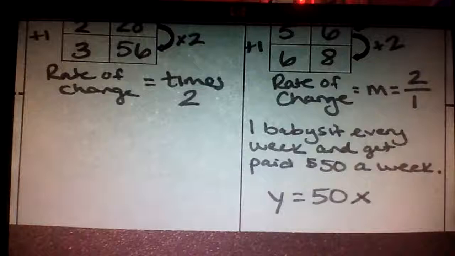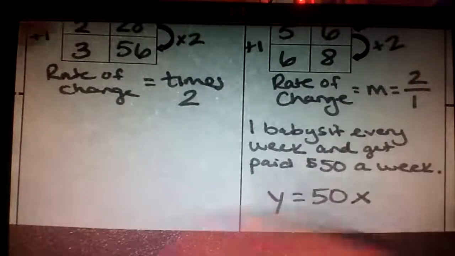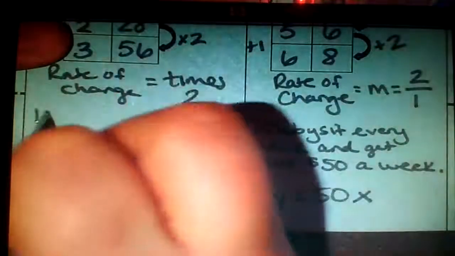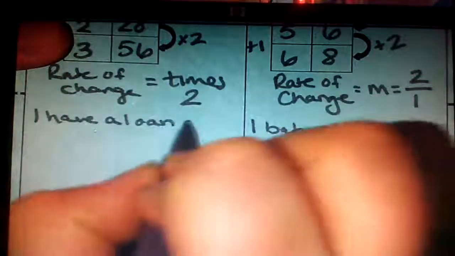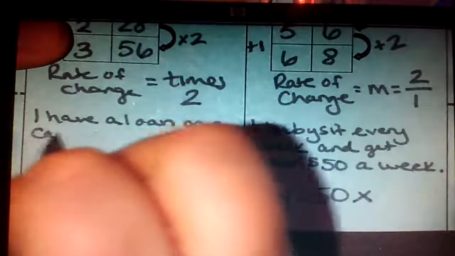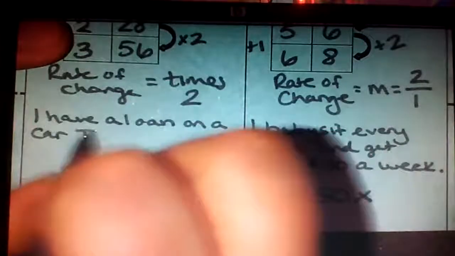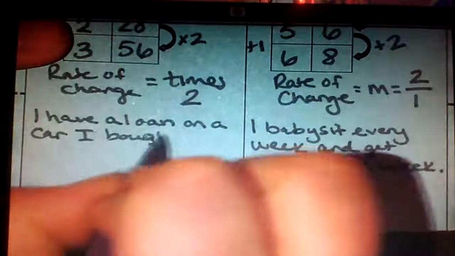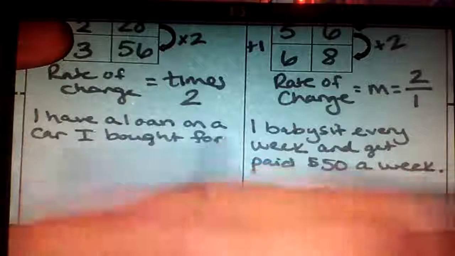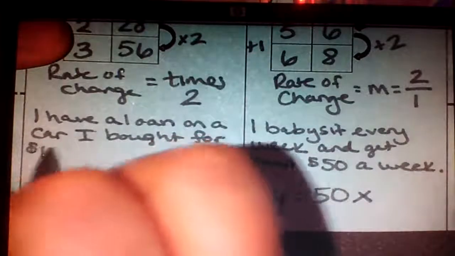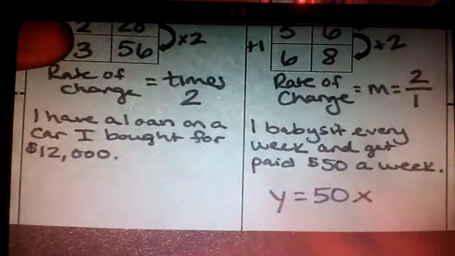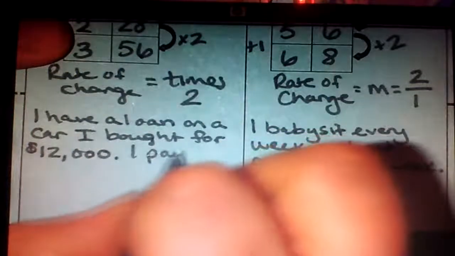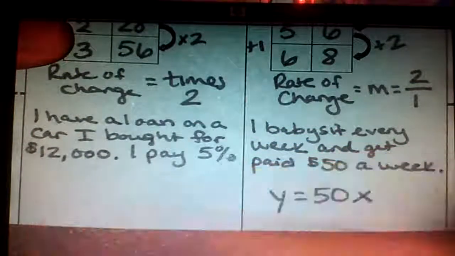An exponential example would be something like, I have a loan on a car I bought for $12,000. I pay 5% interest.